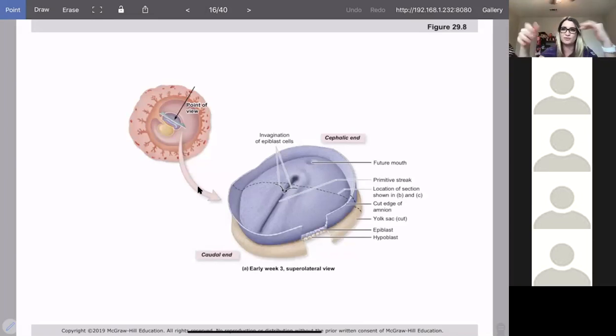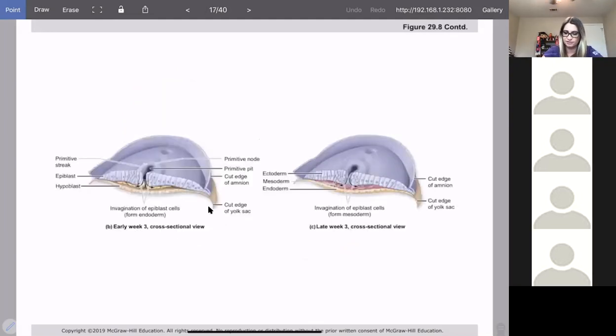There are too many terms here that just change from one day to another day, and now you have completely different terms. But just be aware that in this view, you're looking from the top, and you can see there's this fold in the middle. This will fold on itself and eventually look like this.